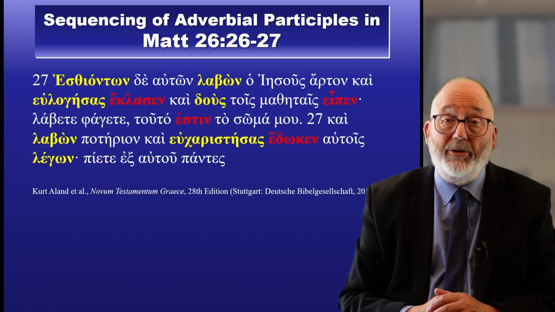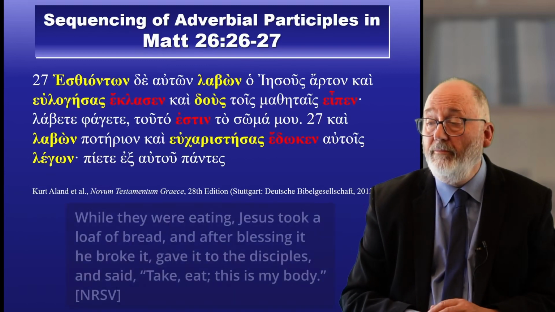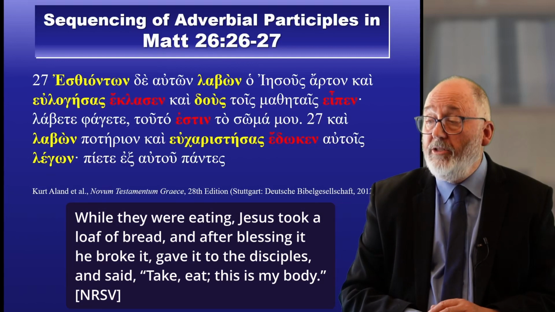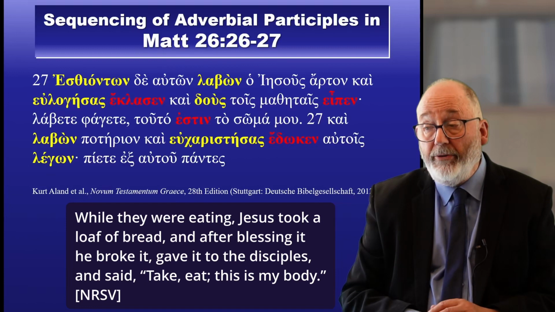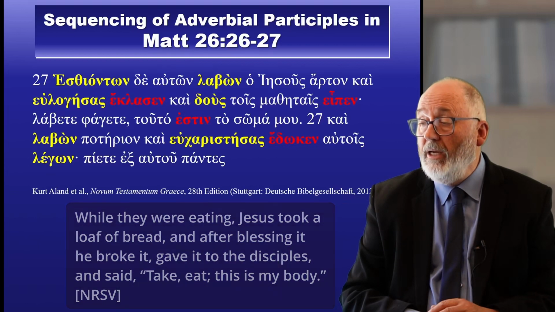Now that we've looked at the grammar and the time sequencing, we can understand why the NRSV translates this sentence as it does. While they were eating, Jesus took a loaf of bread, and after blessing it, he broke it, gave it to the disciples, and said, take, eat, this is my body.